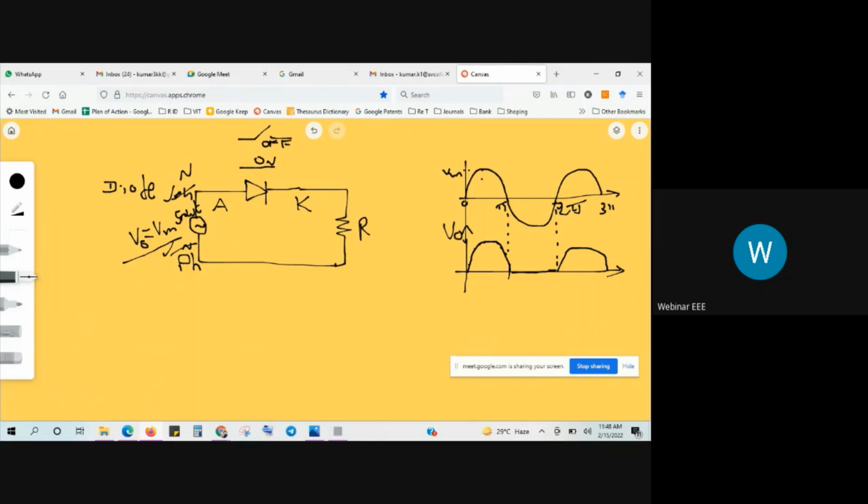For the negative half we get 0. Here we are converting AC input to DC output. The rectification operation we are achieving, that is, the process of converting AC to DC is nothing but a rectifier.